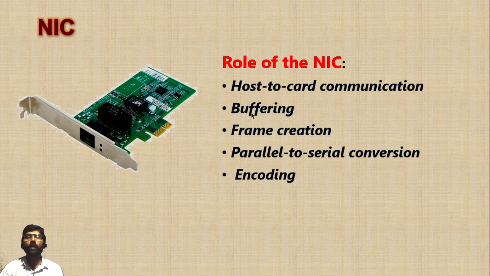The next one is called buffering. Whenever it receives the data from the computer, it is stored in a buffer. Buffering means a temporary memory in the NIC. Buffering will be done before any transmission has to be performed.